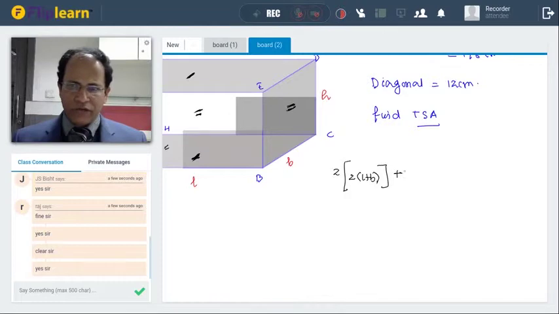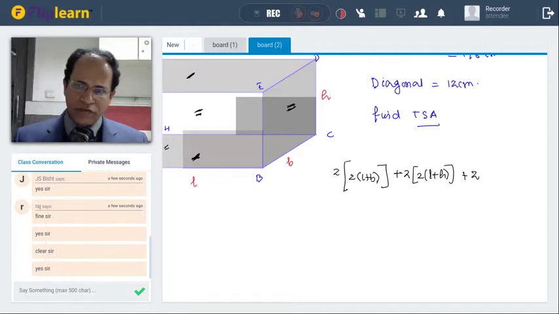Then we have twice of (L plus H). This is one part. Then we have twice of (B plus H).